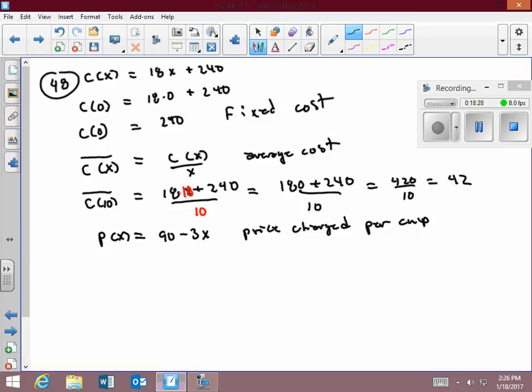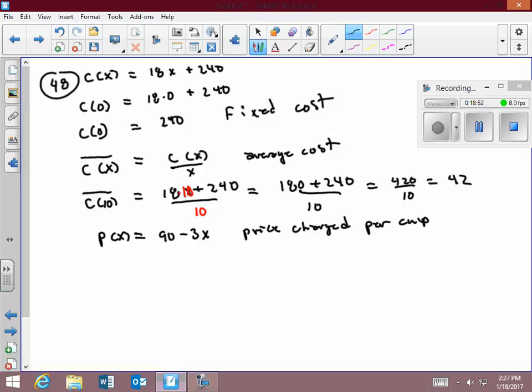2 times 3, correct? Sell 3 cups, you're going to sell it for 81 cents a cup. It's kind of unrealistic because you don't really know how many cups you're going to sell. It's assuming that you're going to sell 10 cups.